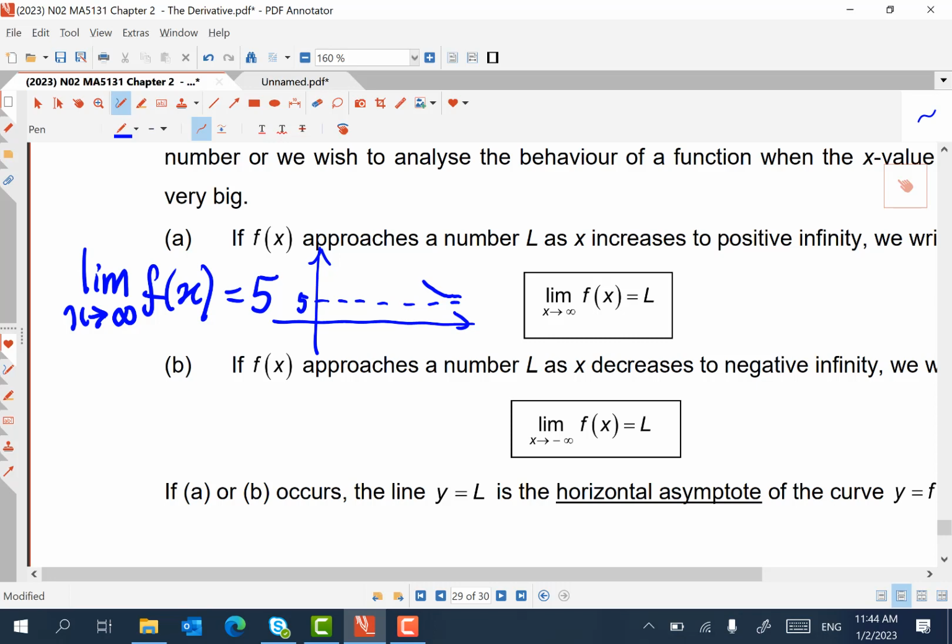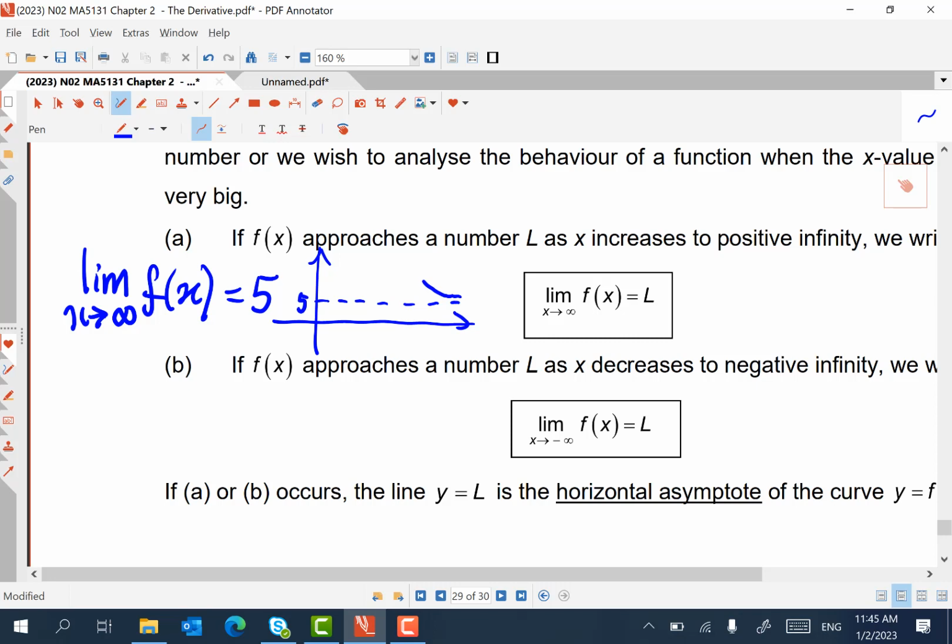You will say briefly that asymptotes are something that the graph approaches, but never reaches.